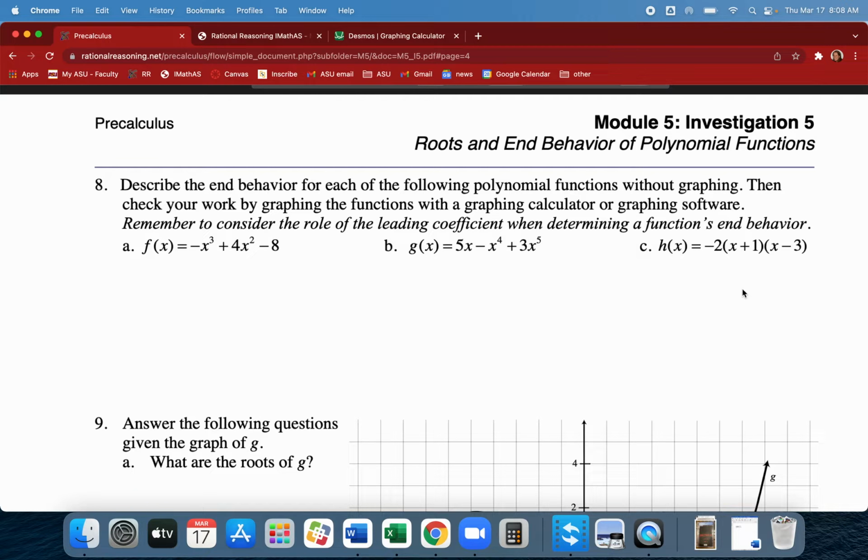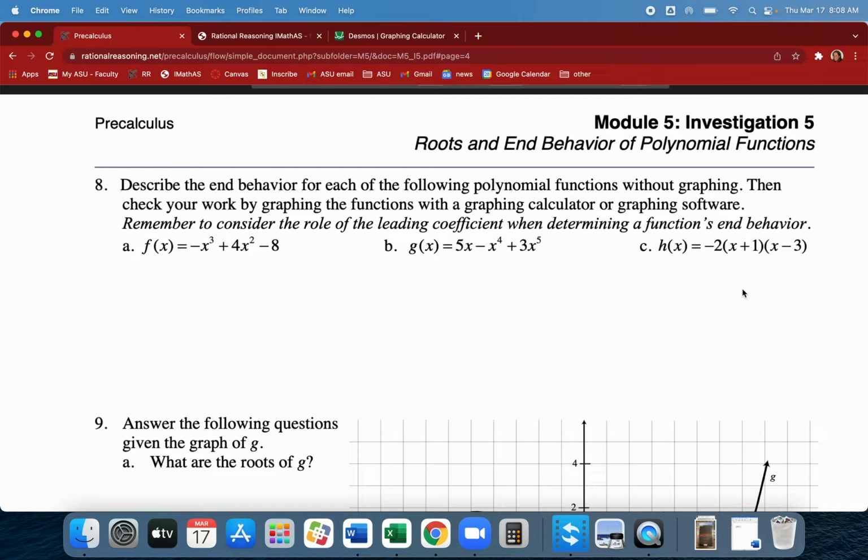If I were to multiply this whole thing out, I'd have a negative 2 times x times x as the first term, negative 2x squared. And the last term would be negative 2 times 1 times negative 3, whatever that is, 6. I almost said 7. 6 is the last term, so it would be negative 2x squared plus something plus 6.